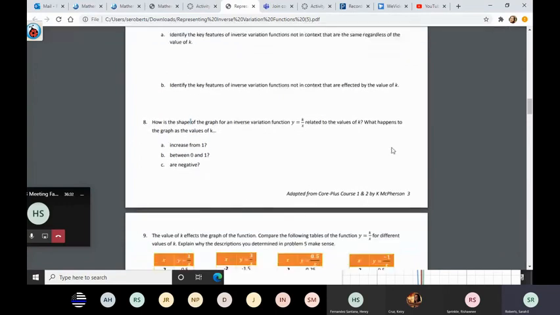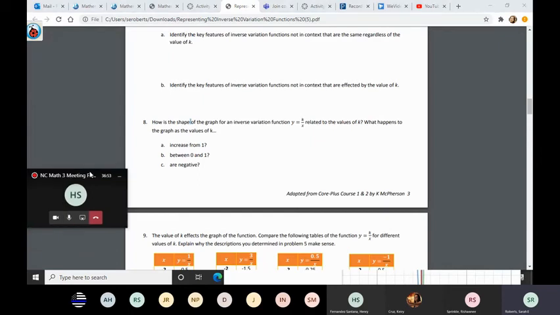It says what happens to the graph as the values of k increase from 1, are between 0 and 1, and are negative. So try values in each of these intervals and see what happens. What's the difference in your shape? Okay, so that's a brief explanation of what 7 and 8 are.